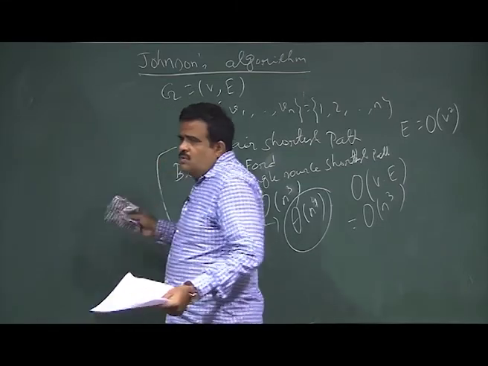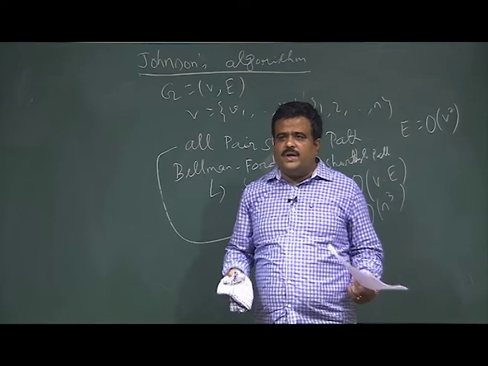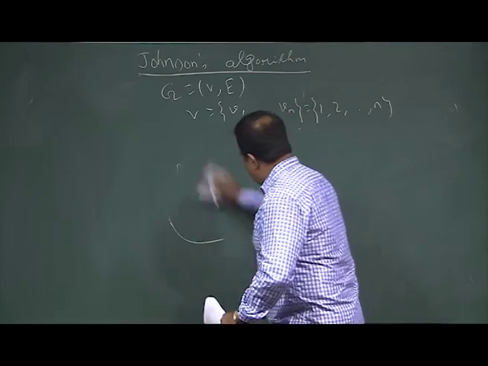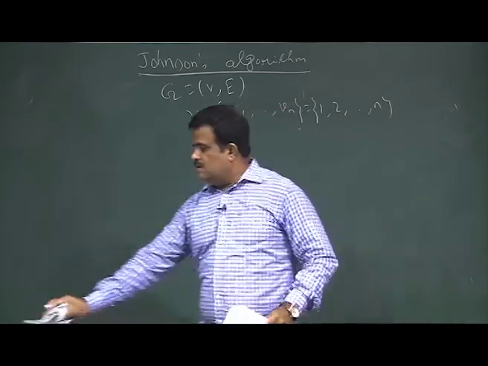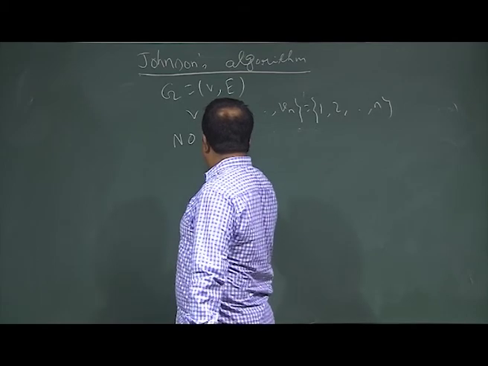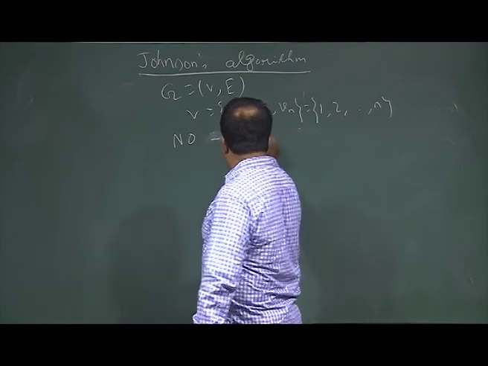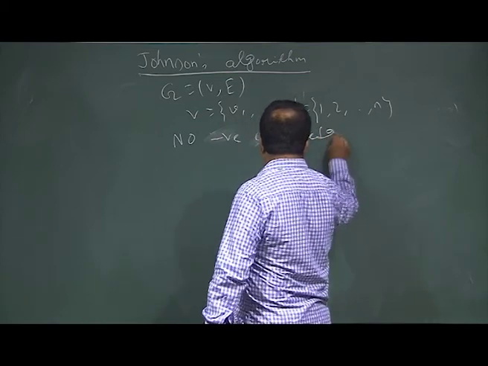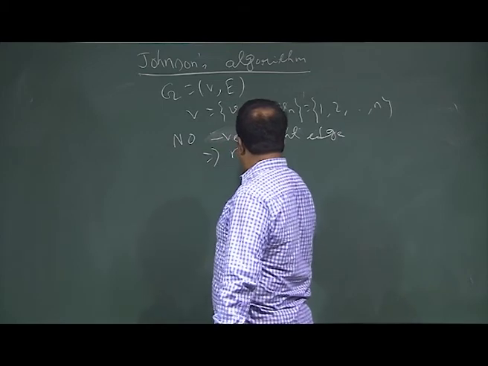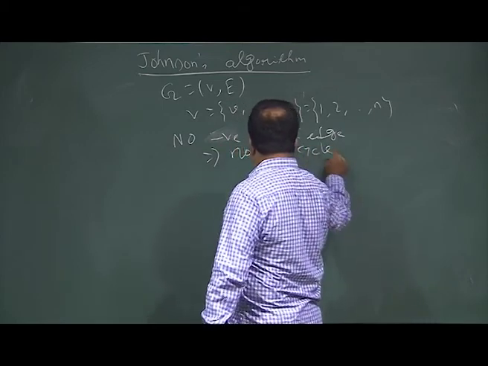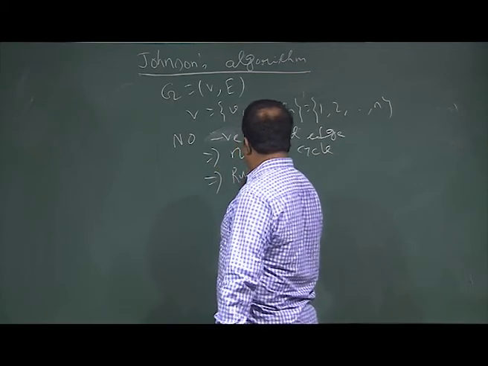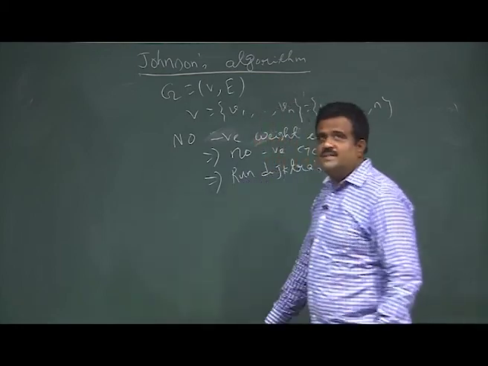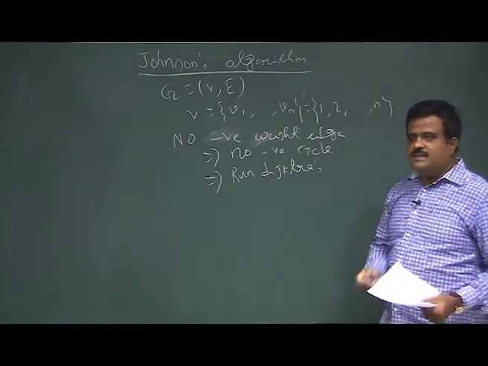So, somehow if we know that our graph has no negative weight edge, then one can try Dijkstra's. If there is no negative weight edge, this implies no negative cycle. This implies we can run Dijkstra's.